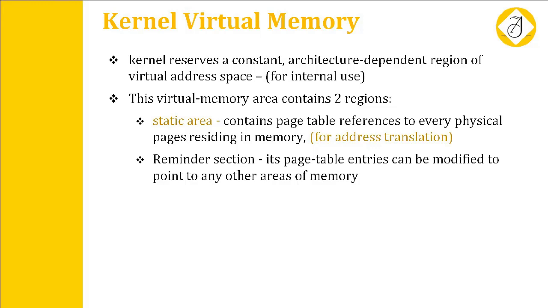It contains the page table references to every available physical page of memory in the system, so that there is a simple translation from physical to virtual addresses when running the kernel code. The remainder of the reserved section is not reserved for any specific purpose. Its page table entries can be modified to point to any other areas of memory.